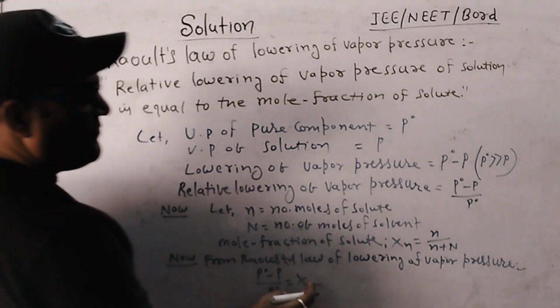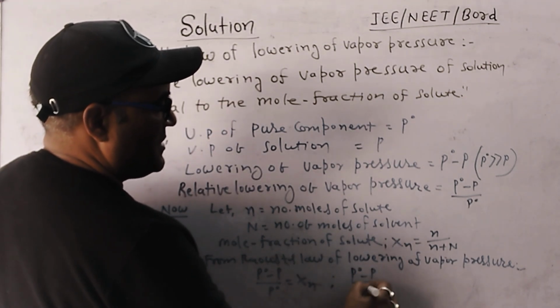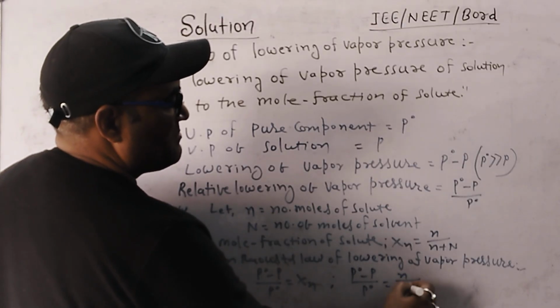So in place of the mole fraction of solute we can write P naught minus P by P naught is equal to small n by small n plus capital N.